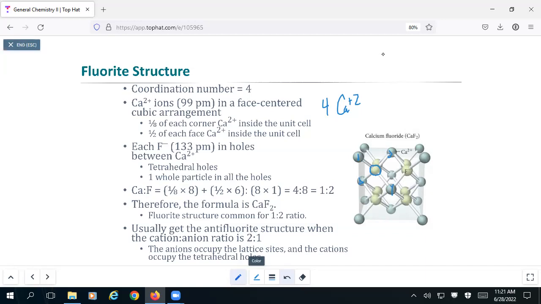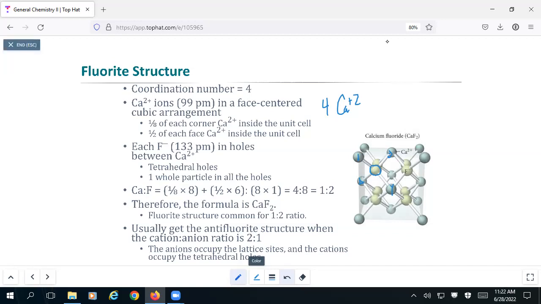Now, inside of a face-centered unit cell structure, there are 8 tetrahedral holes inside of that structure. Now, in the zinc blend, because of the size, we only saw half of them get occupied. In fluorite, because the fluoride ion is on the smaller side, and the way that the arrangement is here with the calciums, we're going to see that the fluoride is able to fit into each and every one of those tetrahedral holes.